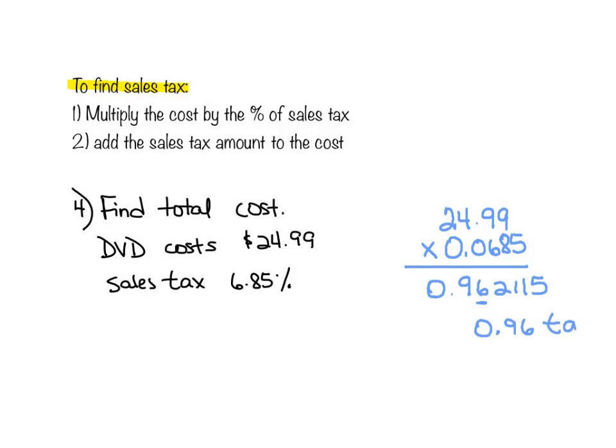That's the tax. So to calculate the total cost, we take the cost of the DVD, which is $24.99, and we're going to add the tax of 96 cents. And so our total cost is $25.95.